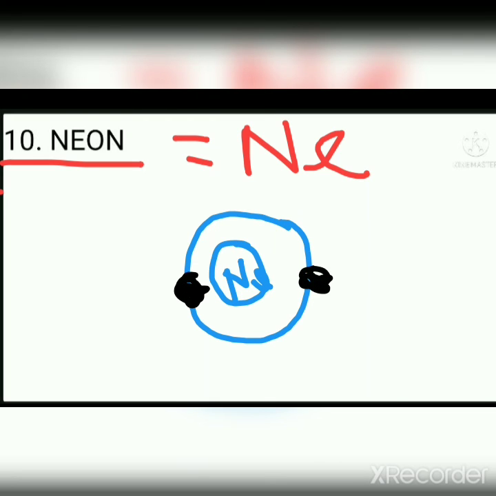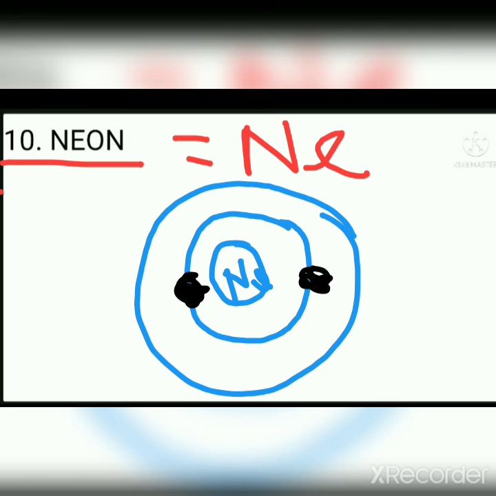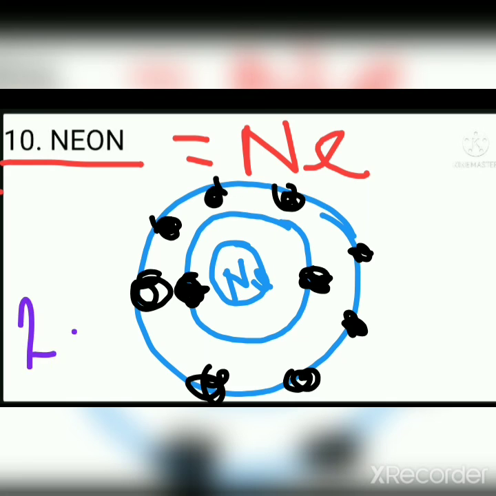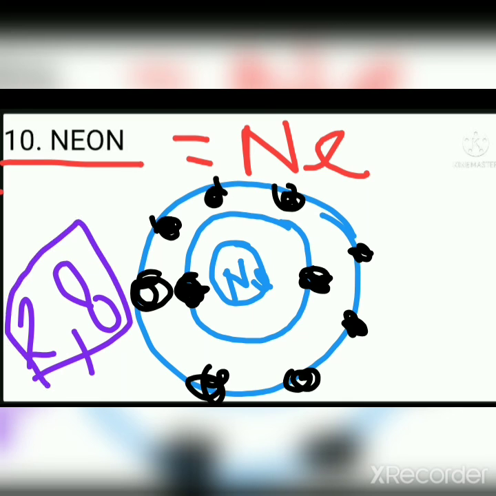Then 10 minus 2 gives 8, so I will make 8 in this circle: first, second, third, fourth, fifth, sixth, seventh, and eighth. So the electronic configuration of neon will be 2 and 8.